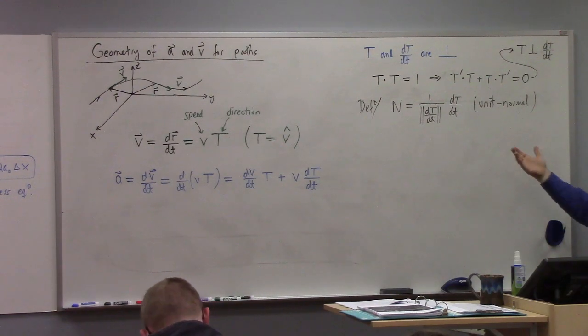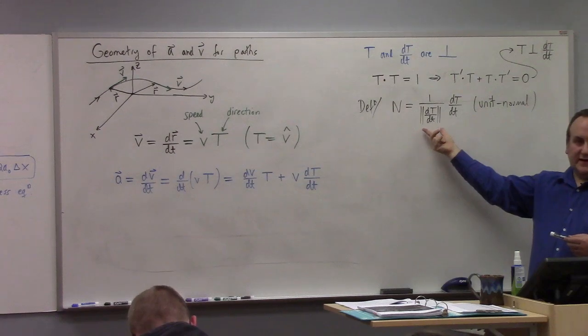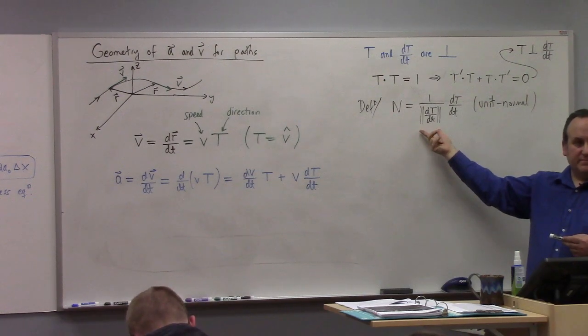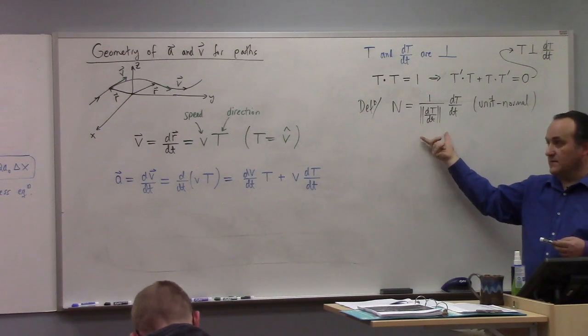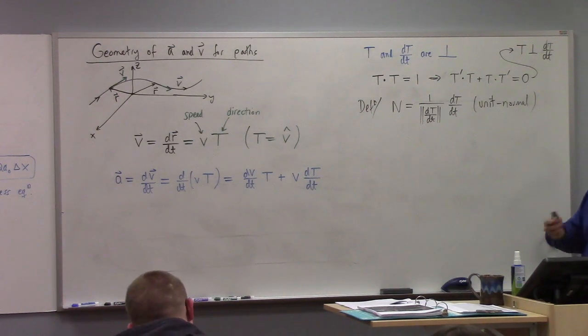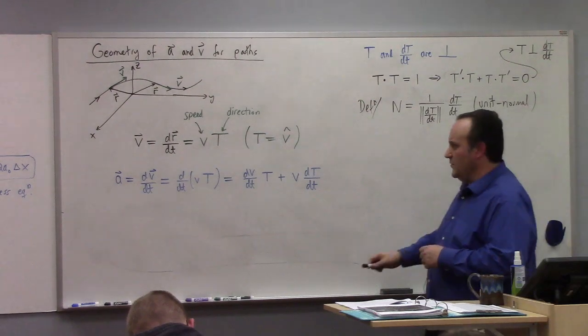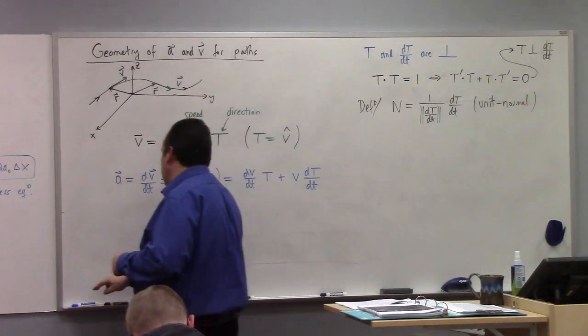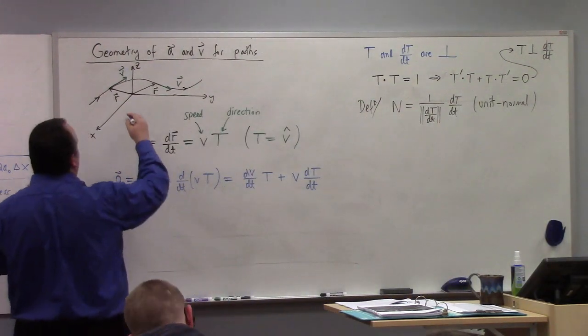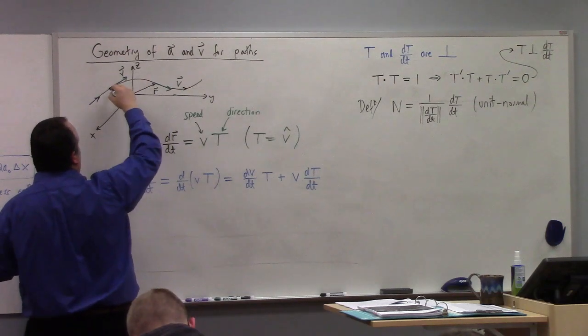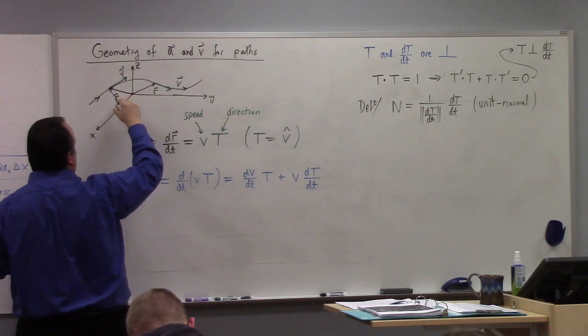This is a unit vector. Why? Because I'm dividing by the length of dT/dt. So this is by construction a vector of length 1. And I can picture this. What this ends up doing is it points towards the center of the radius of curvature for the motion. So it's perpendicular to the velocity. It might look something like this.